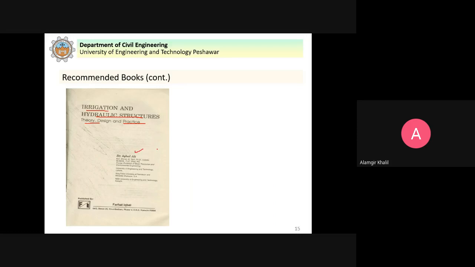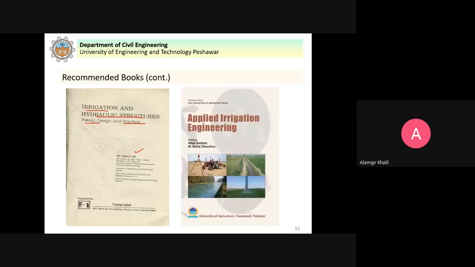This book is written by a Pakistani author and you can purchase also from the market. This is also a good book. Now the latest edition is Applied Irrigation Engineering, published from University of Agriculture, Faisalabad in 2017.